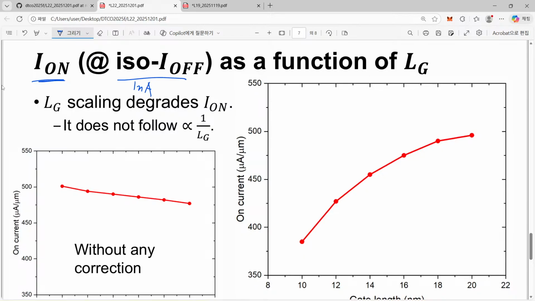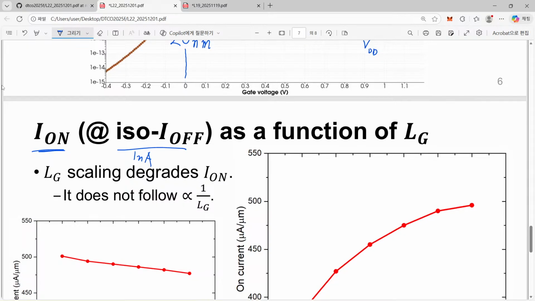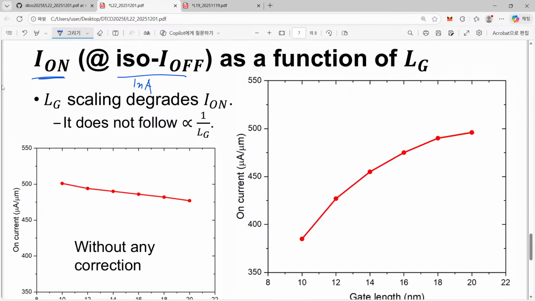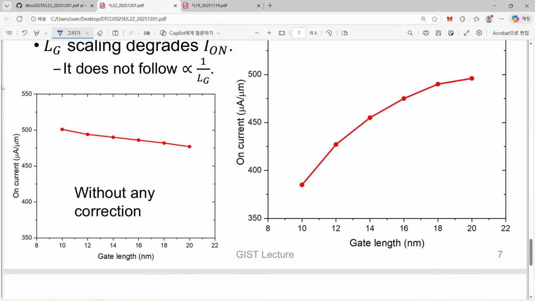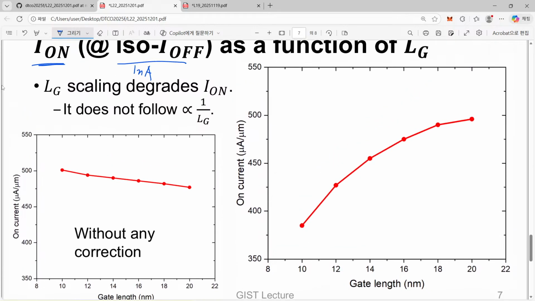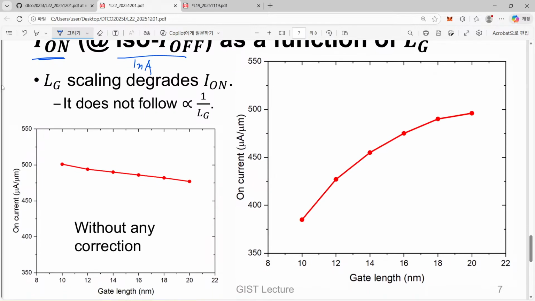What I did was, first of all, generate several devices, 6 devices, and run them all, measure off current, and from that off current calculate how much we must parallel shift our available curve. After that, measure the on current at this corrected gate voltage. This one shows that trend.